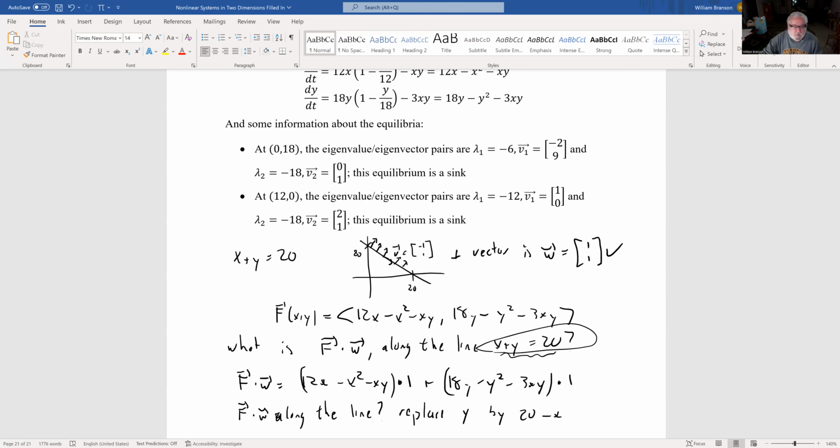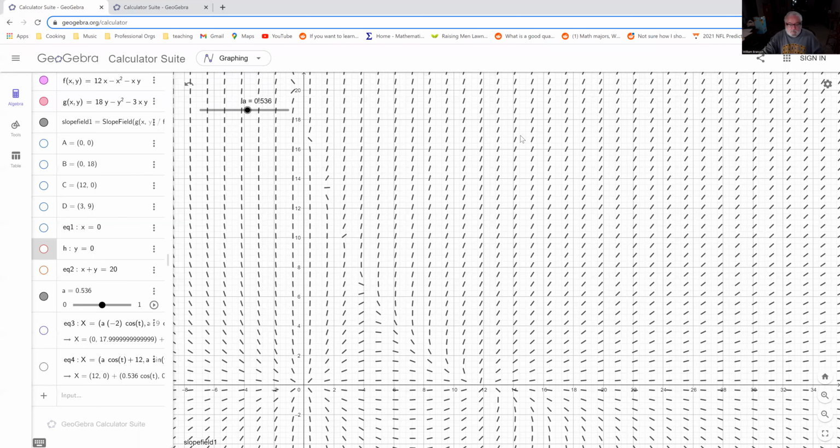So we will go to GeoGebra. So this is our slope field for our vector field for our competing species. We had an equilibrium at 0,0, one at 0,18, one at 12,0, and one at 3,9. Okay.